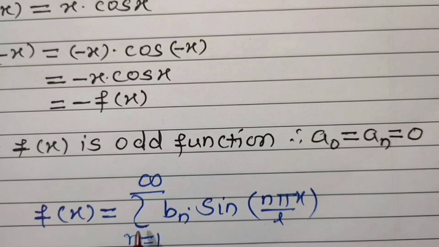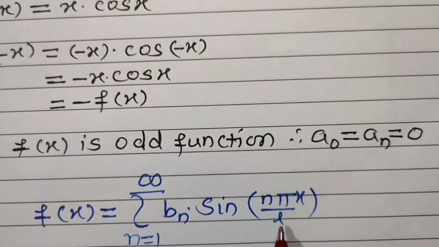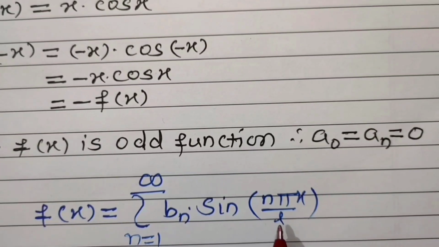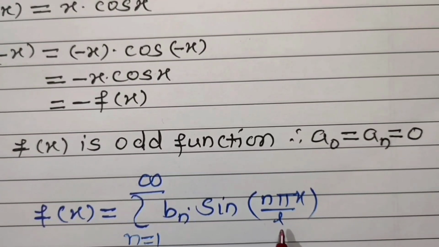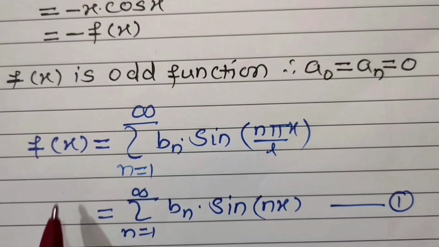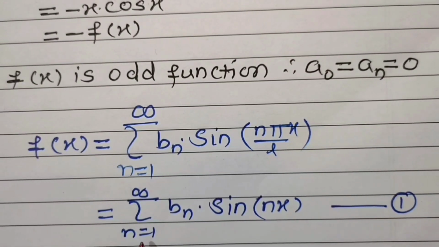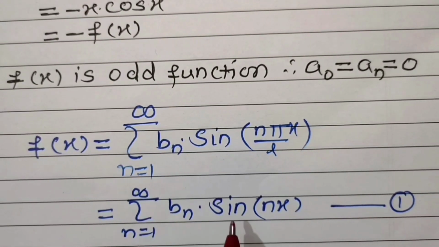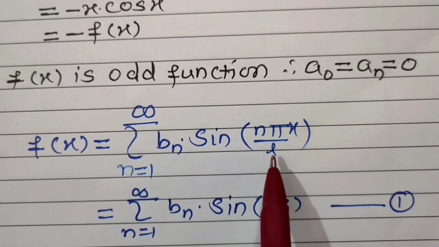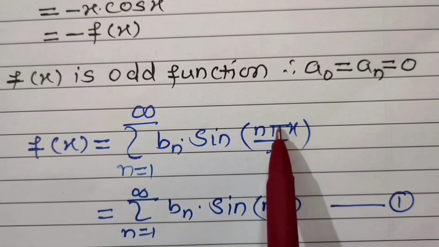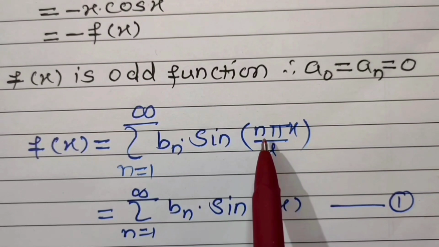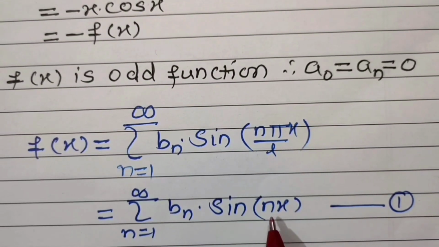So f of x is equal to summation n is equal to 1 to infinity bn into sine of n pi x divided by L. So already we have obtained the value of L. Value of L is pi. Put the value of L here. Hence f of x can be written as summation n is equal to 1 to infinity bn into sine of nx, because if we substitute L is equal to pi here, this pi and this pi get cancelled, remains only nx. So sine nx. And consider this as equation number 1.